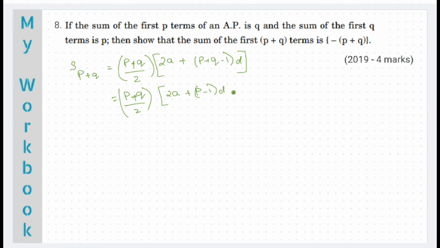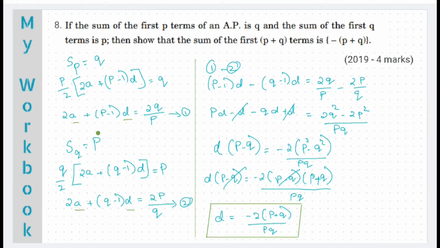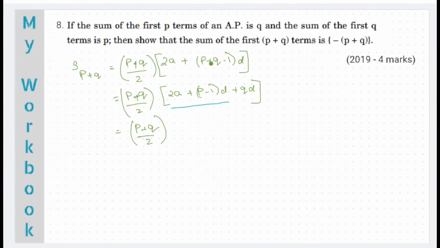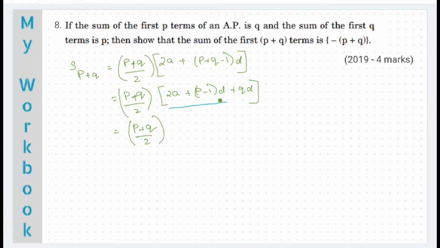I'm pulling out the q outside the bracket. As per the first equation, 2a plus p minus 1 into d is 2q by p. So let's substitute 2a plus p minus 1 into d as 2q by p, plus q into d.